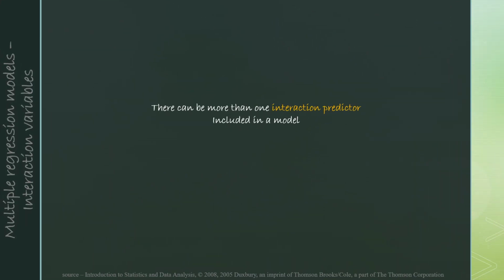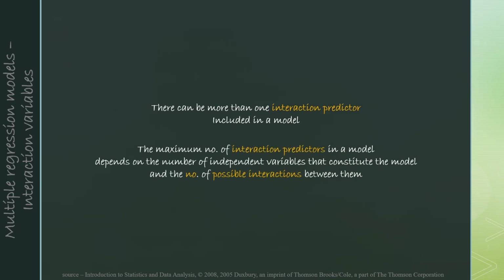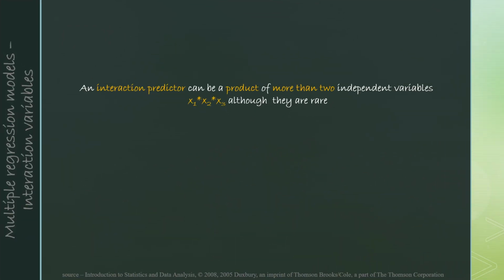There can be more than one interaction predictor included in a model. The maximum number of interaction predictors in a model depends on the number of independent variables that constitute the model and the number of possible interactions between them. An interaction predictor can be a product of more than two independent variables, for example x1 multiplied by x2 multiplied by x3, although in practice they are rare.